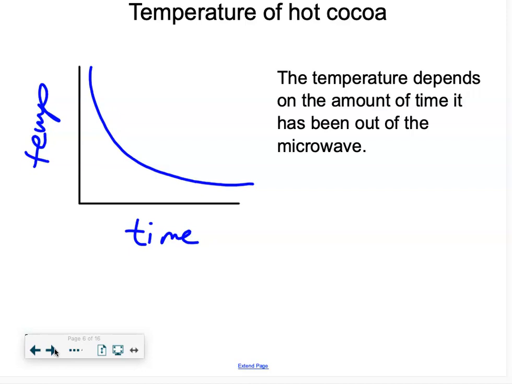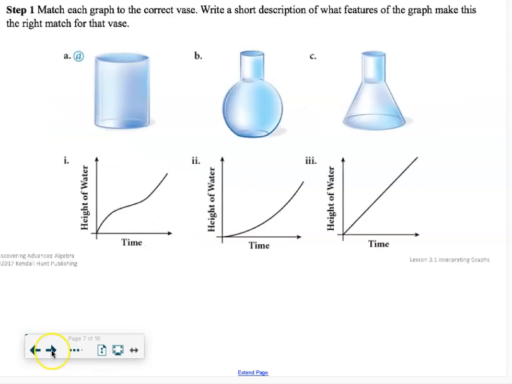Okay, so good discussion. Moving on. In your groups, we have 3 vases. We are filling each of the vases with water, or some sort of liquid.